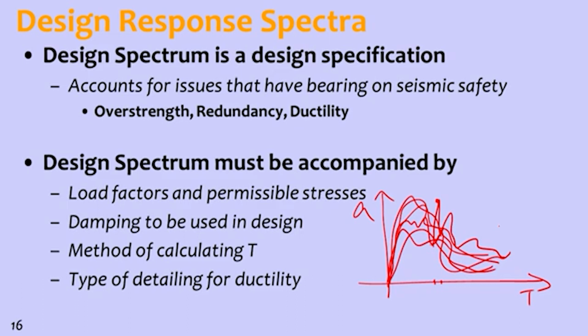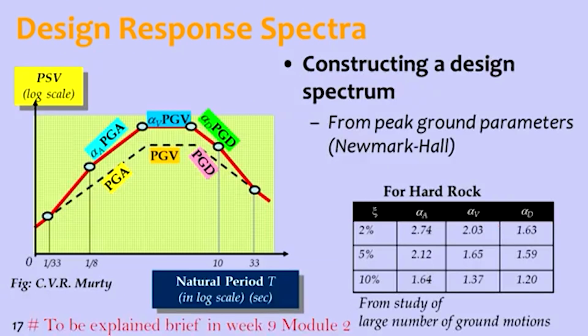This average spectrum plot is smoothened by using coefficients. For acceleration for 2% damping this coefficient is used, and for velocity and displacement these coefficients are used, and then these limits are set.